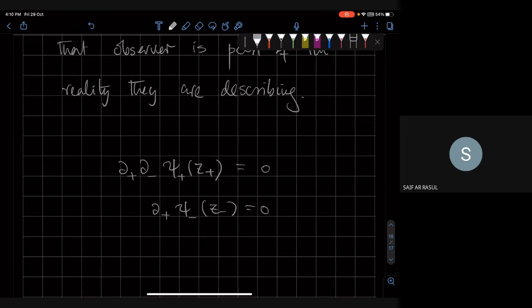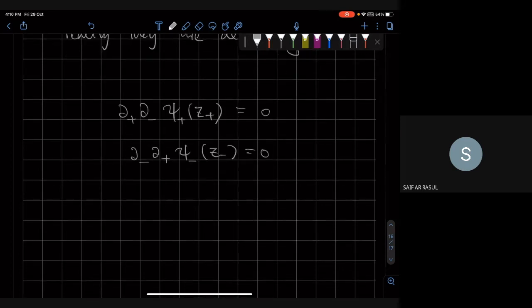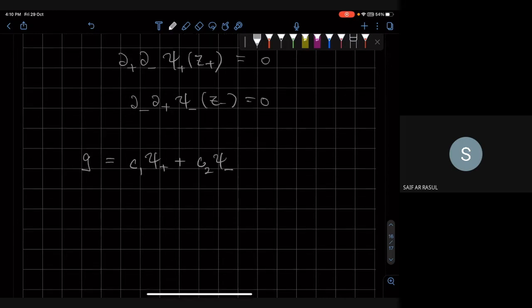Yeah. So if I apply this to it, then this is also true, right? Yeah. So if I take a linear combination of psi plus and psi minus, this is going to be some general wave, right? So do you agree that this general wave is going to be a solution to this equation?